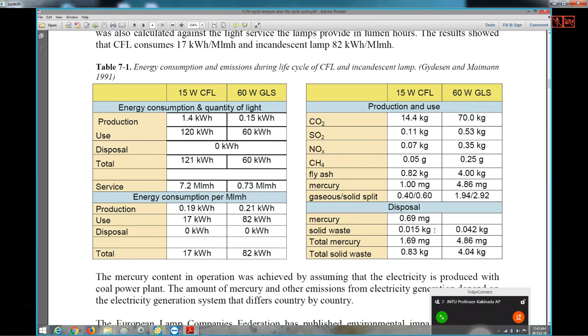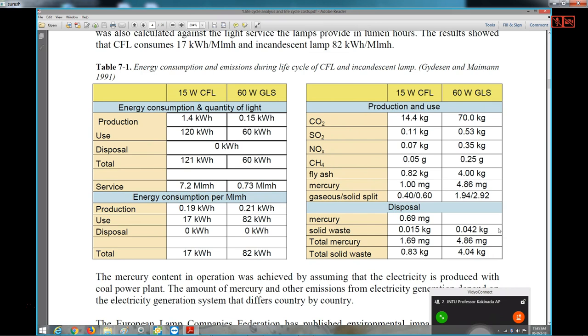Solid waste is 0.015 kgs and for the 60 watt incandescent lamp it's 0.042 kgs. Total mercury from CFL lamp disposal is 1.69 milligrams and this is 4.86 milligrams. Total solid waste is 0.83 kgs and the incandescent lamp has 4.04 kgs.